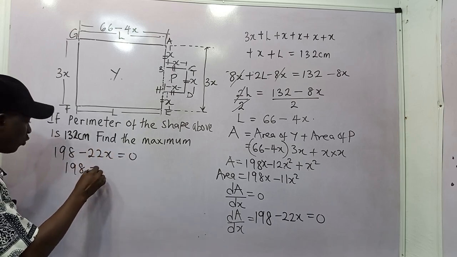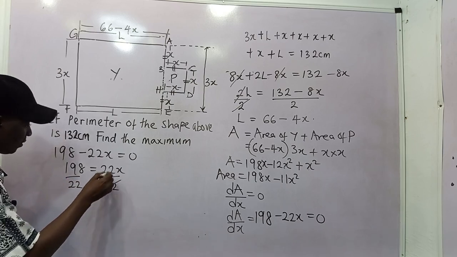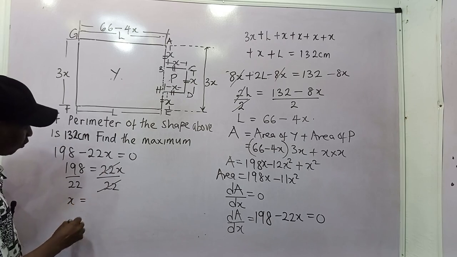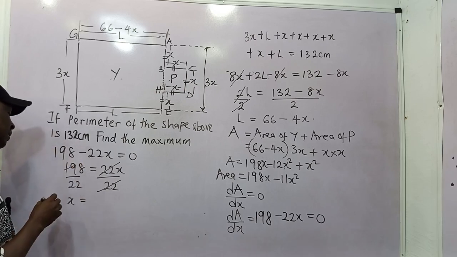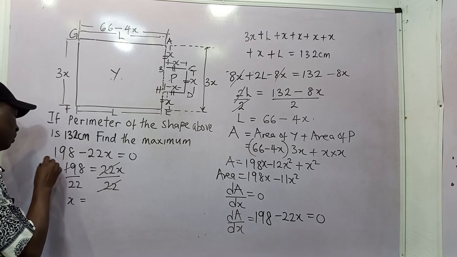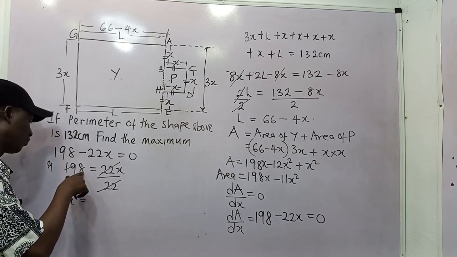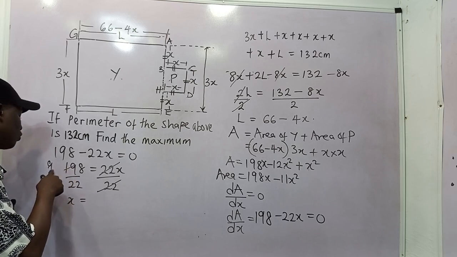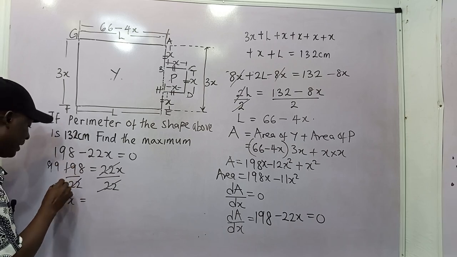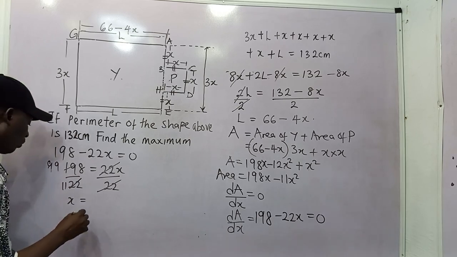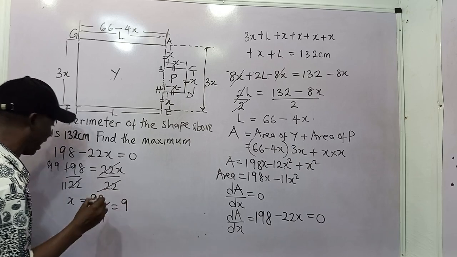So 198 equals 22x. Divide both sides by 22. So x will now give us what? 22 times 9 is 198, so x is equal to 99 divided by 11, we are going to have 9.